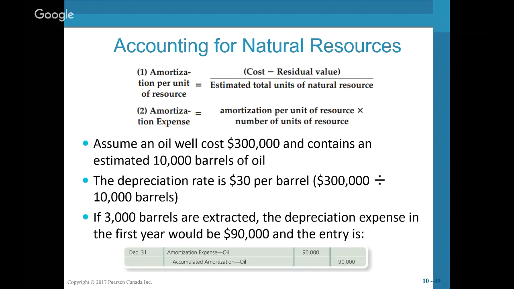Now, one interesting thing about this is that depending on the book, this is treated slightly differently. This book records the depletion as amortization expense, and they record a corresponding accumulated amortization. Other books, I think, are actually better. What they do with that is they record inventory.